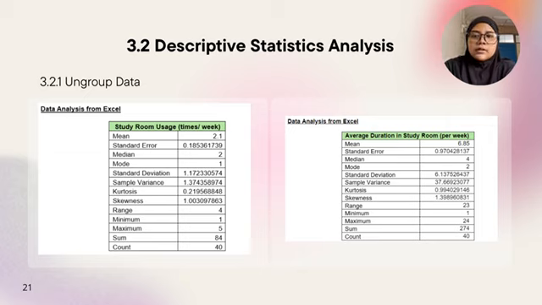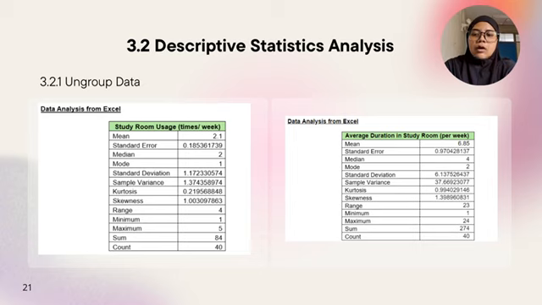The variance is 1.37 and the skewness is 1.00, which is positive. So for the table of average duration in study room per week, the mean duration is 6.85 hours per week, showing that students spend almost 7 hours weekly in the study room on average.